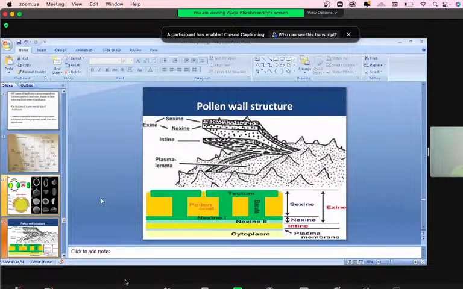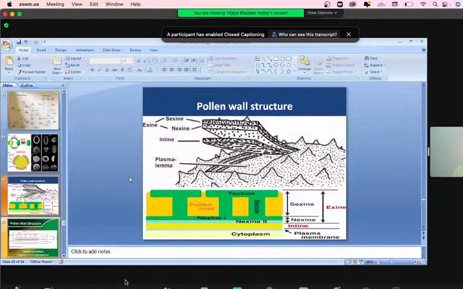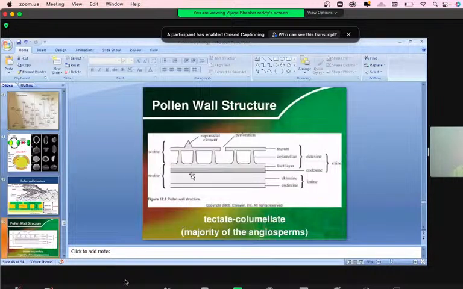Coming to another important aspect of morphology, that's called pollen exine structure or exine ornamentation. This exine ornamentation also varies from plant to plant, and this greatly helps in the identification of plants. Here the exine is divided into sexine and nexine.